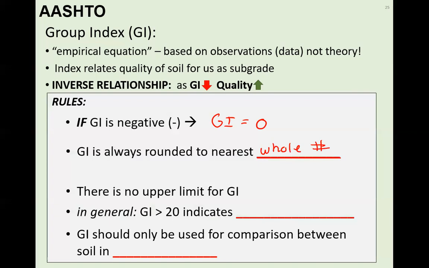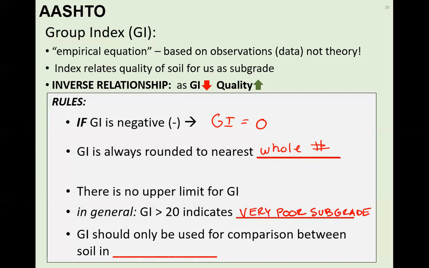There's no technical upper limit for the GI value, but in general, a GI greater than 20 indicates a very poor subgrade. So you'll see some of the state transportation places like FDOT and maybe some of the other ones, generally in their codes, they'll tell you that a roadway subgrade cannot have a GI greater than 20.